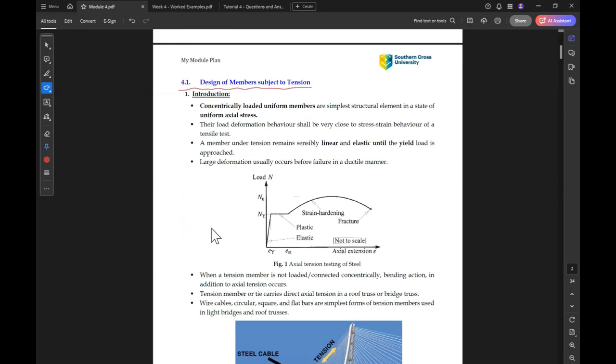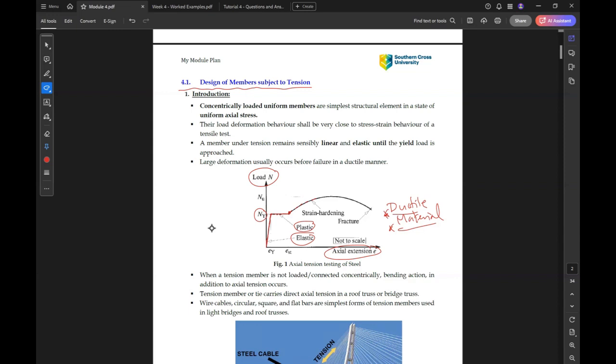If we have a look at this curve, there's a relation between the load and axial tension. As you know, steel is a ductile material, so the behavior of ductile materials is something like this. The first part is the linear or elastic part, and then at the yield point we have some stable behavior. This part is called plastic, and after that we have a part of strain hardening behavior.